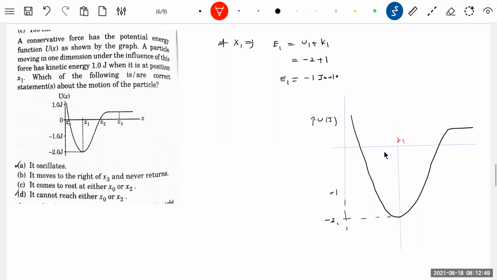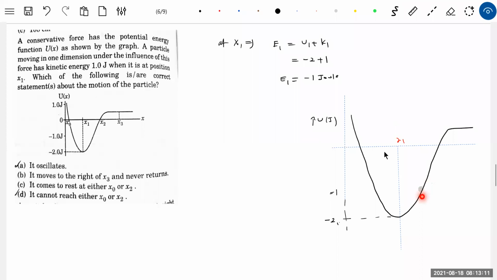Now come for this. If I slightly displace the object, let's assume a point there. Now, how the force, if you calculate the slope, because what is F? F equal to minus du by dx.